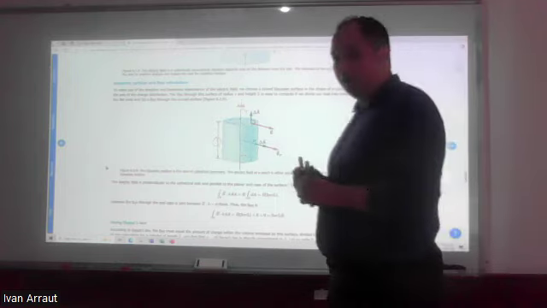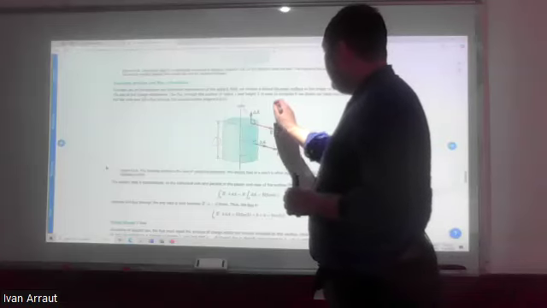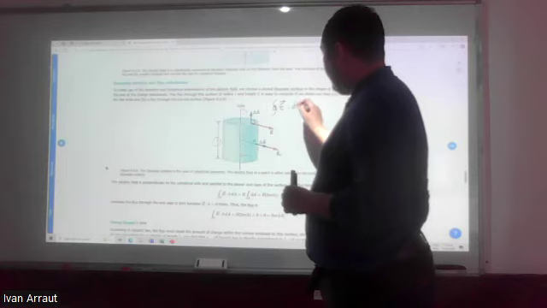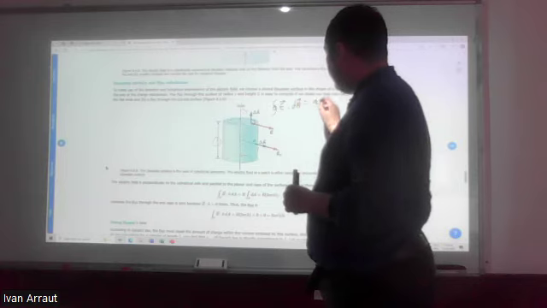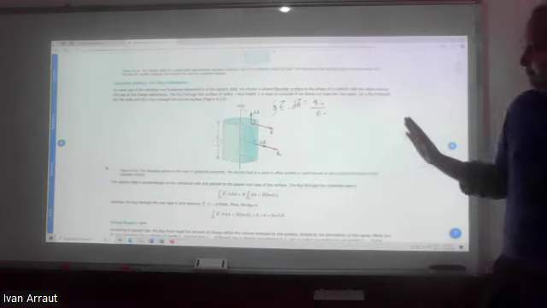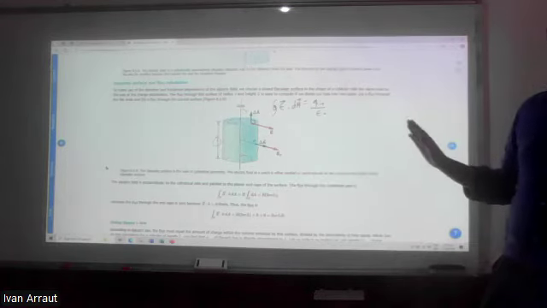Let's apply Gauss's law. Remember, Gauss's law is the integral of electric field dot area equals charge over epsilon zero. Nothing strange, the same.